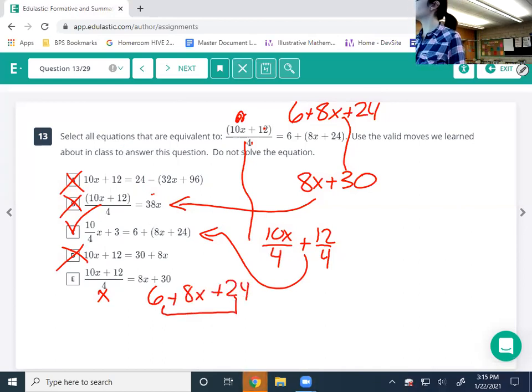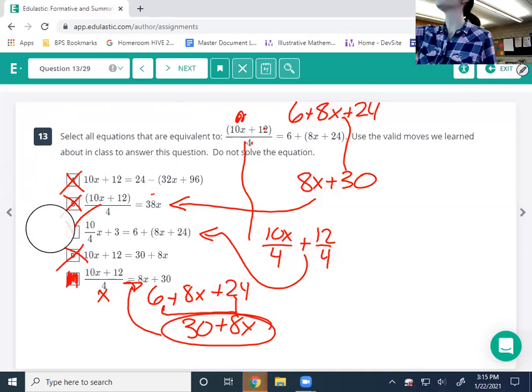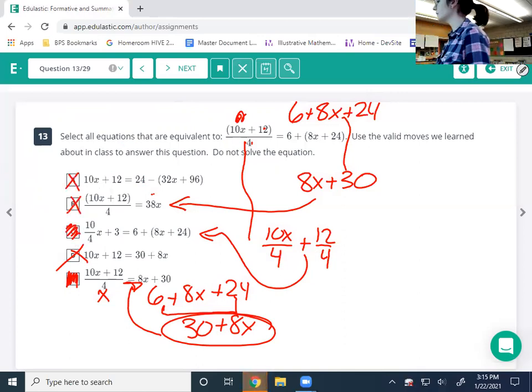These two combine together to get a 30 plus 8x. And that is what is written here. So the two that are equivalent, the two that you should have selected are E and C. The other ones are not equivalent.